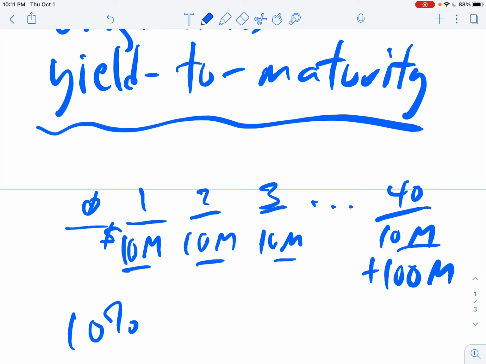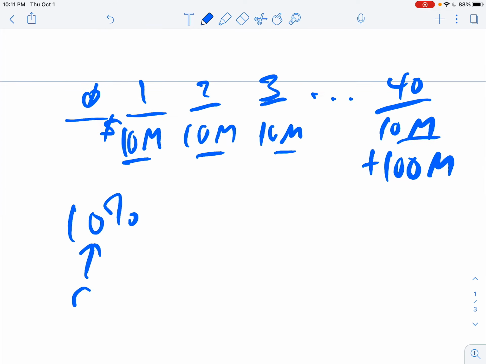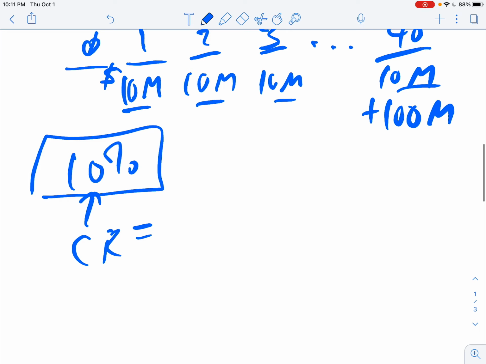Okay, so the coupon rate, 10%, is generally given.